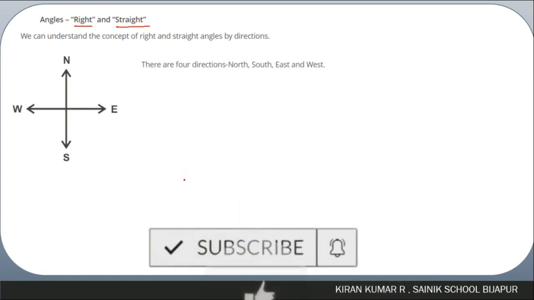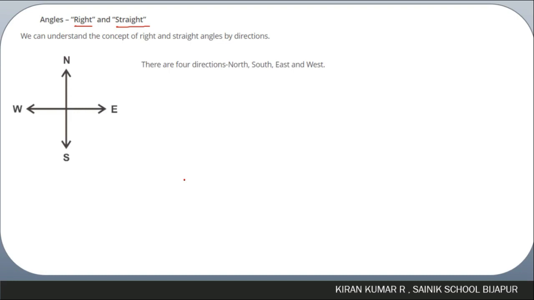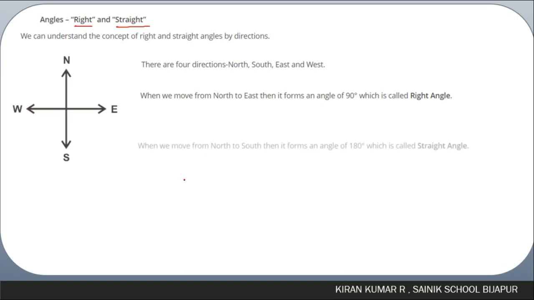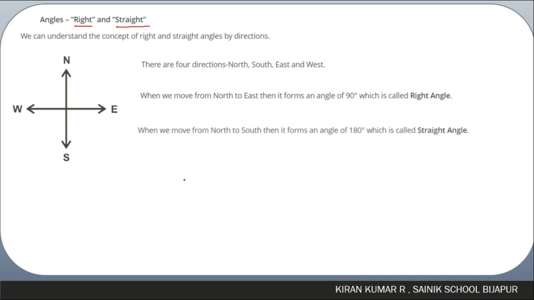These are four directions: north, south, east, west. When we move from north to east, it forms an angle of 90 degrees, and this angle is called a right angle. When we move from north to south, it forms 180 degrees, which is called a straight angle.